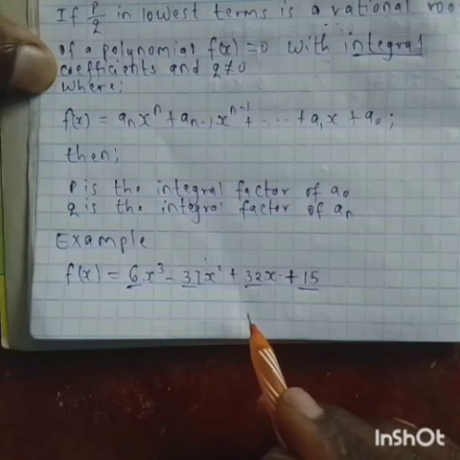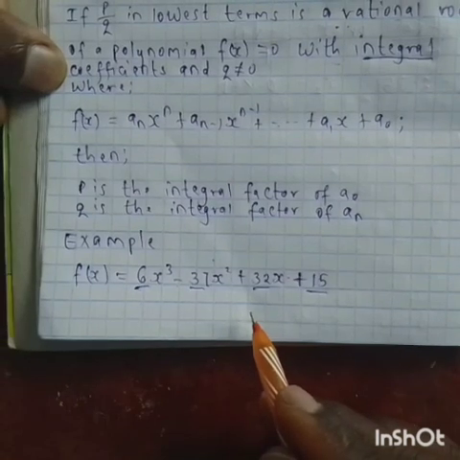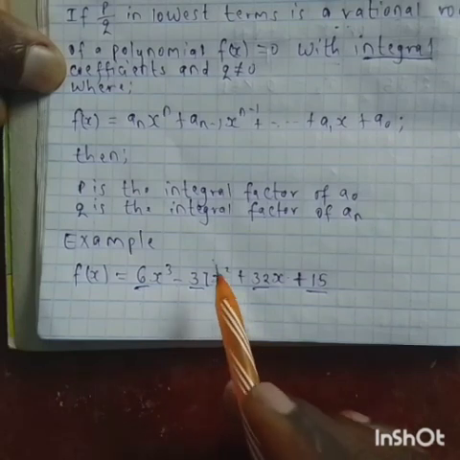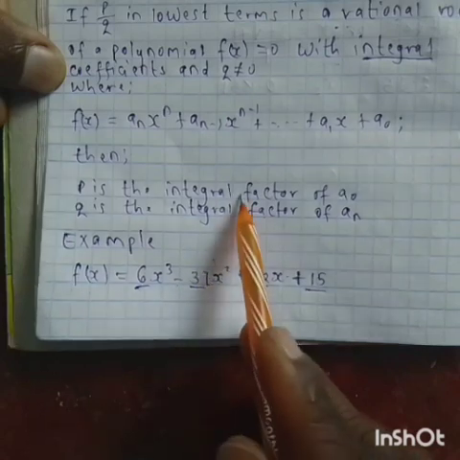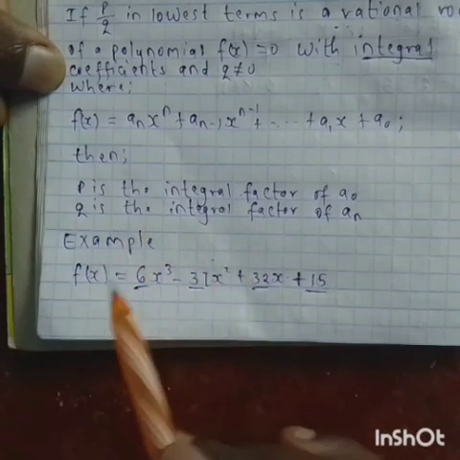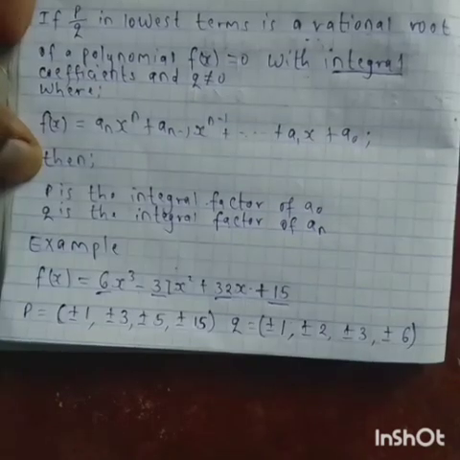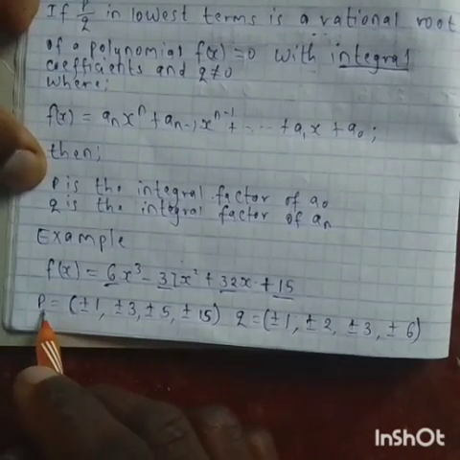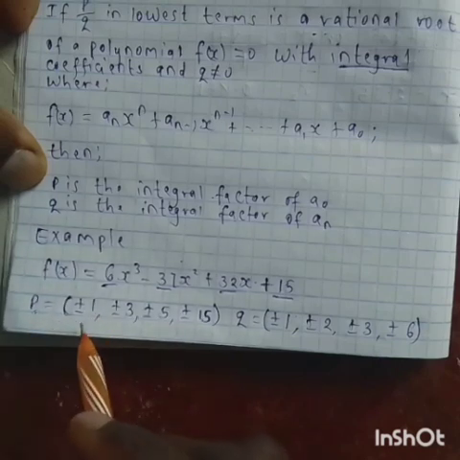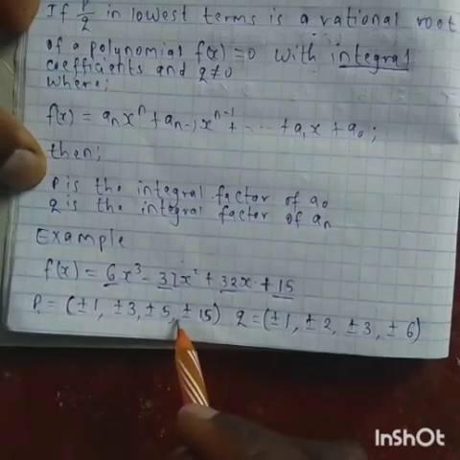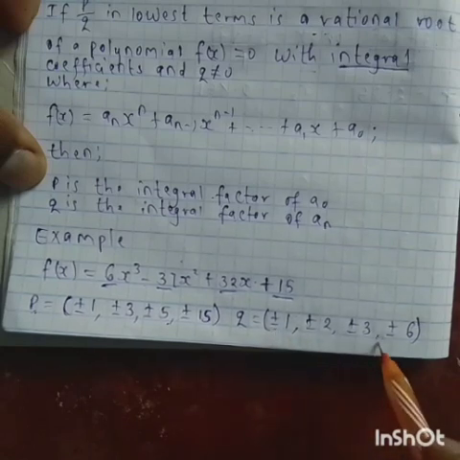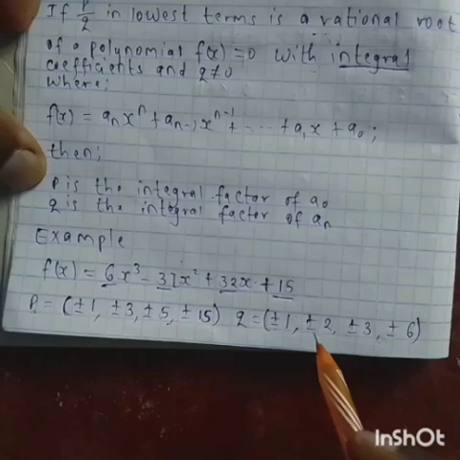We want to find the set of this rational root. The number p shall be a member of the set of all the integral factors of a0, and q is a member of the set of all the integral factors of an.